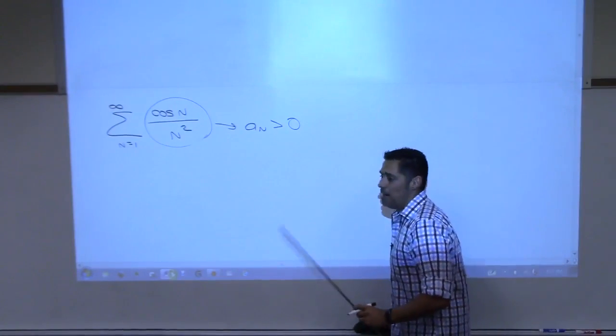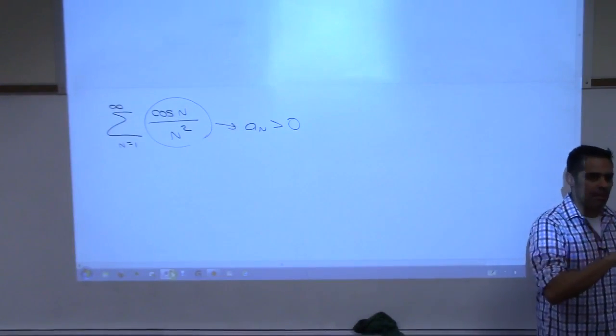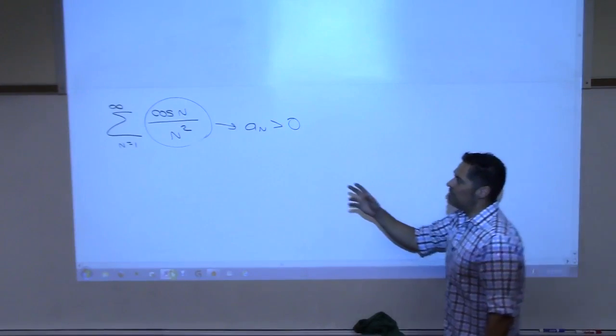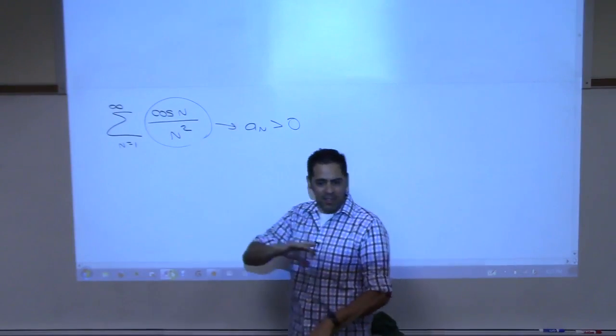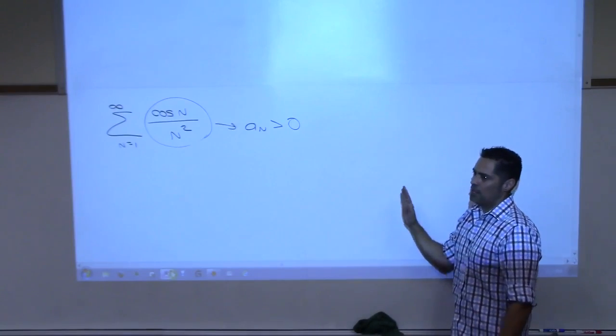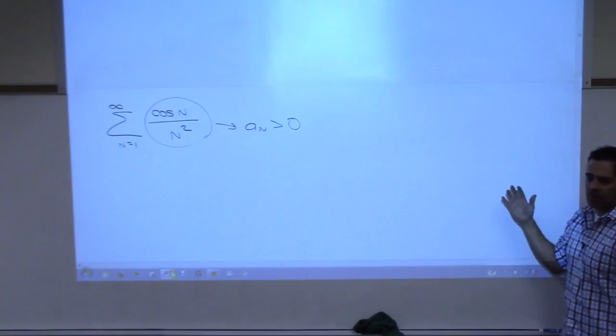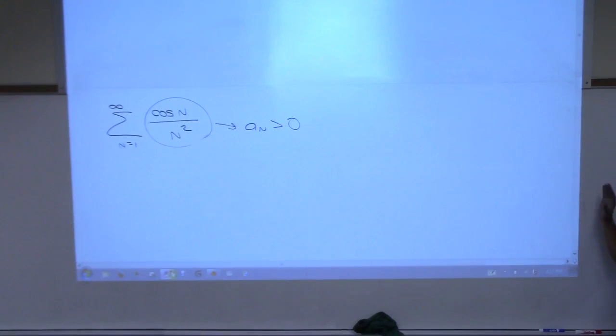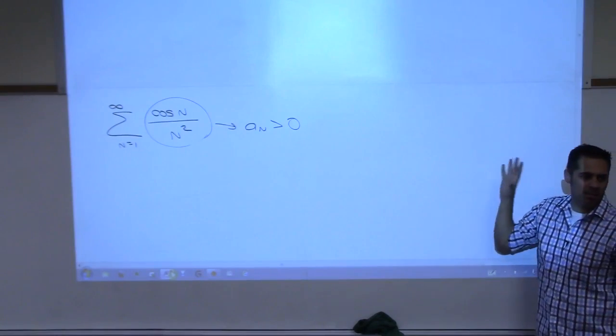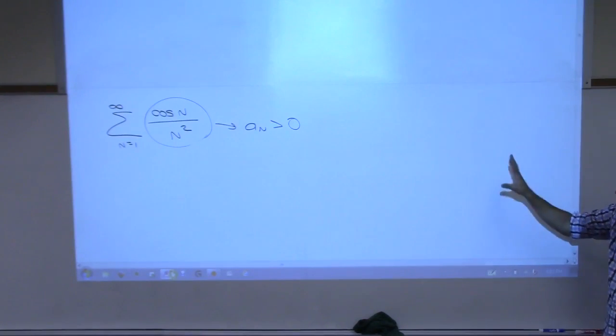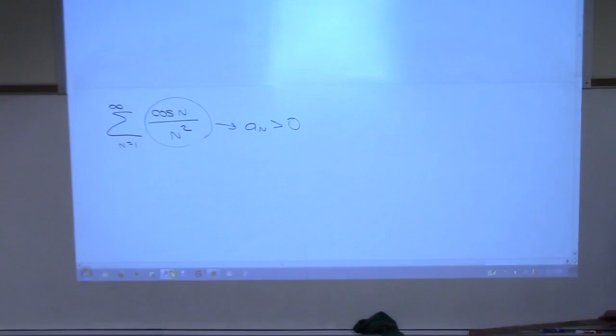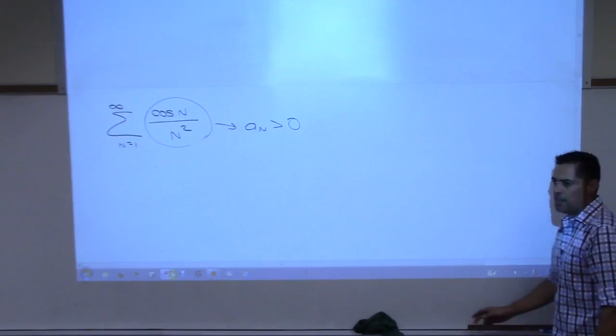No. The reason it's not is because an alternating series has to be plus, minus, plus, minus, plus, minus. This is switching between positives and negatives, but it's not always a positive then a negative. It could be two positives then a negative. It's weird. You'd have to write them out to see. So you cannot use the alternating series test, which means we're kind of jammed up on this one a little bit.